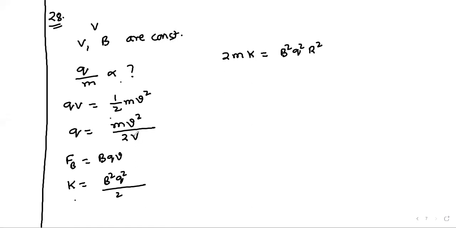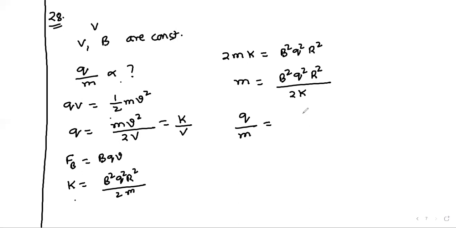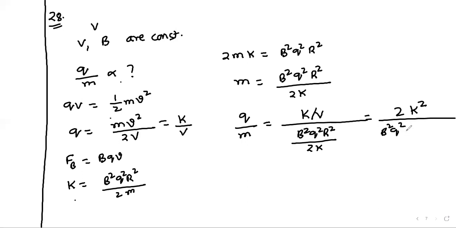So m equals B square q square r square by 2K. This one I'll write as q equal to kinetic energy by potential, K by V. So q by m equals K by V divided by B square q square r square by 2K, that is 2K square by B square q square r square into V. They gave potential and magnetic field as constants.